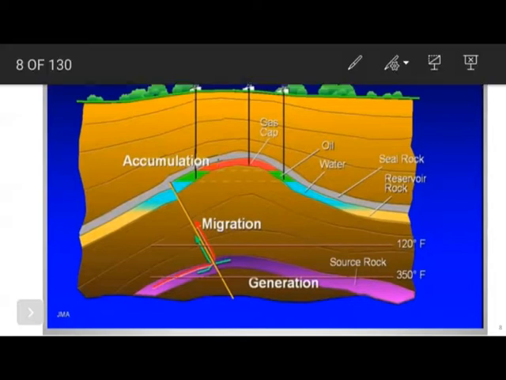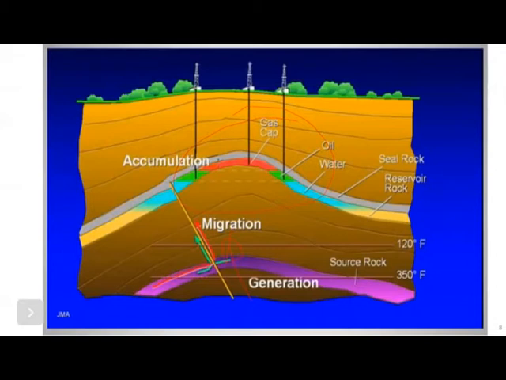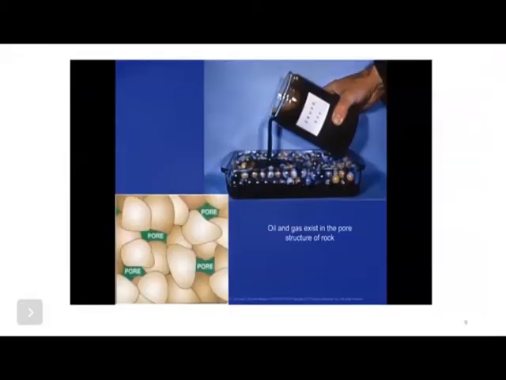Up here we have an anticline structure where our gas and oil are accumulated. Down here we see the generation and migration of petroleum from the source rock to the reservoir.